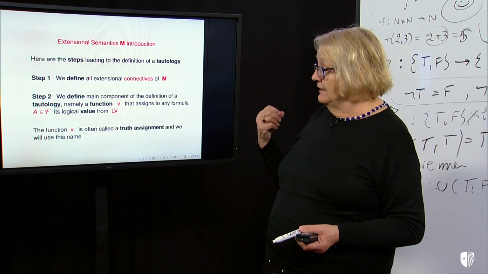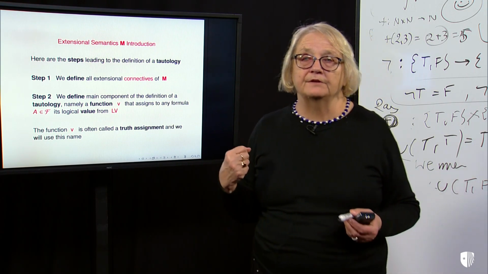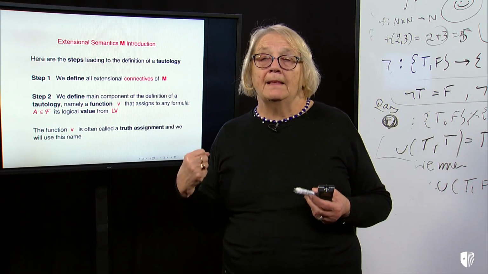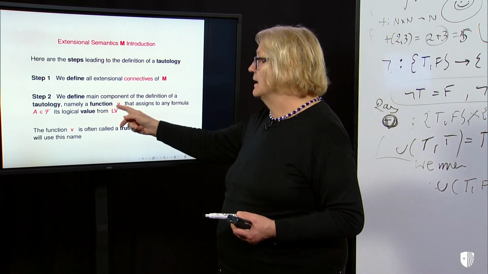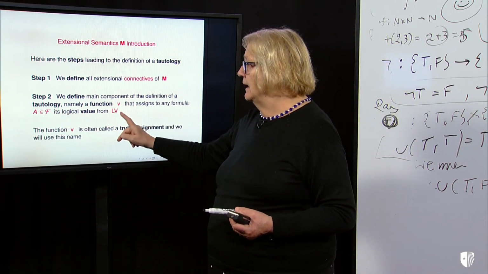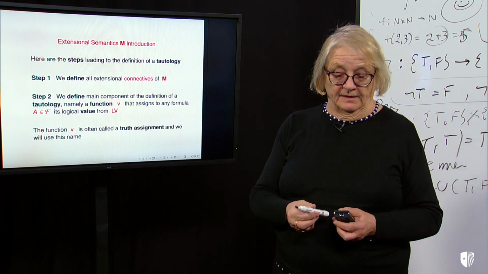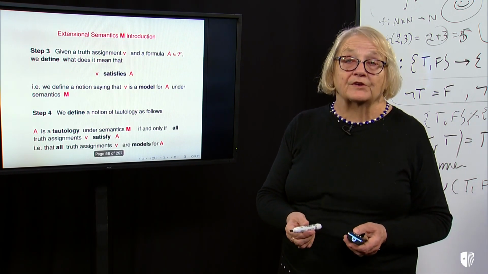Now, we define the main component of the definition of tautology. It means a function v which assigns to a formula a logical value. So this is called truth assignment.